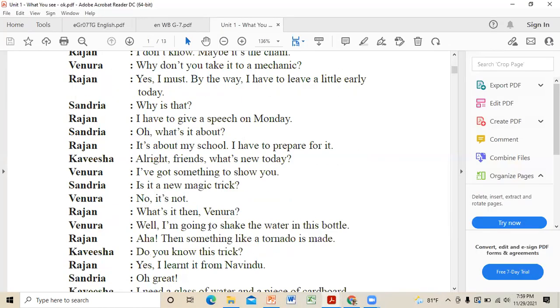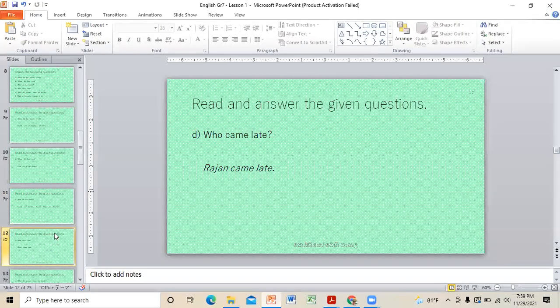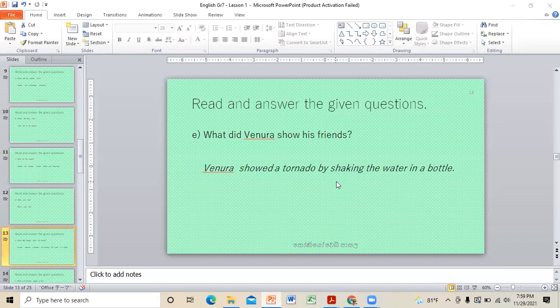Right, and then if we are moving on to the 5th question, what did Venura show his friends? Okay, we have Vitulya. Yes, you can try. He made a tornado by shaking the water in the bottle. Right, okay, let's see. Yes, Venura showed a tornado by shaking the water in a bottle.